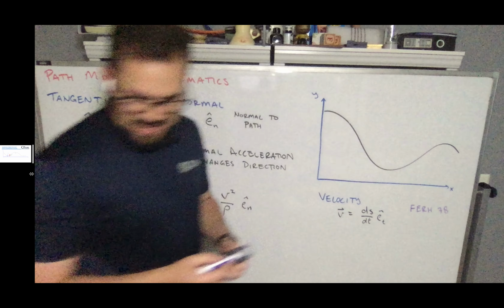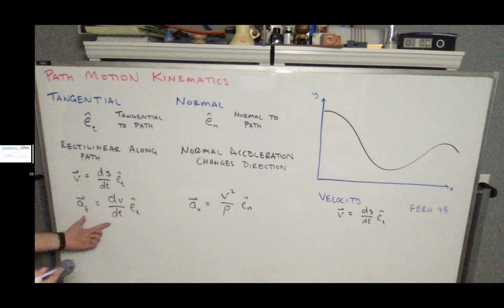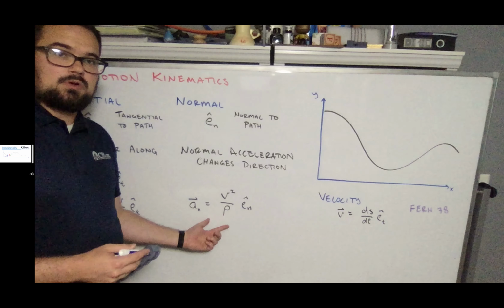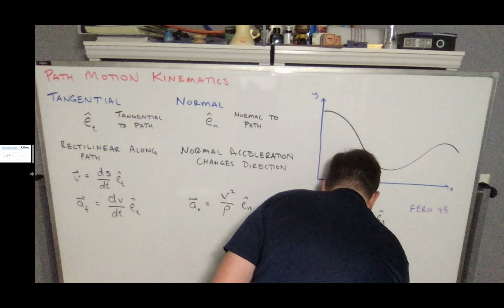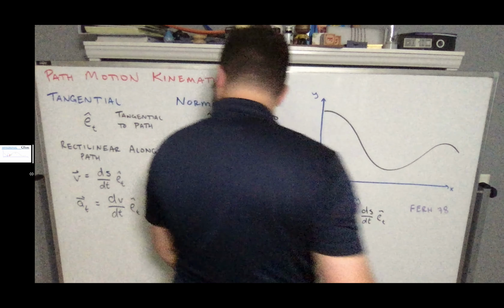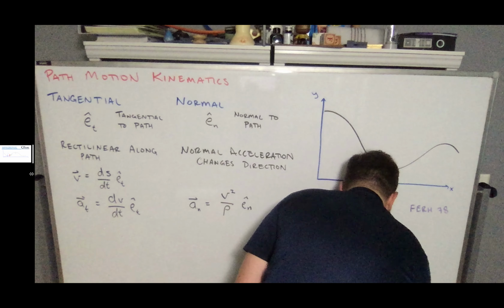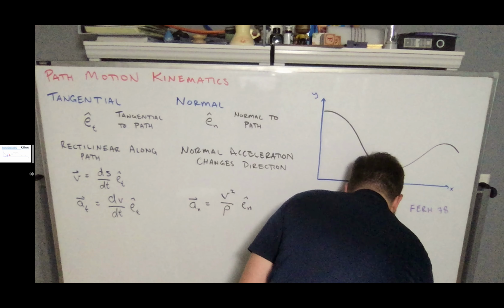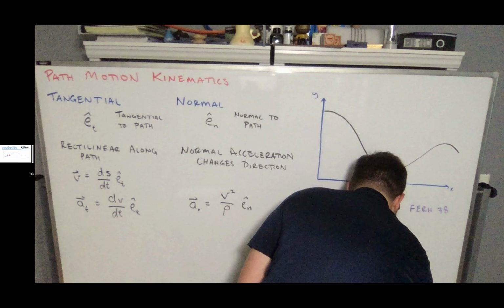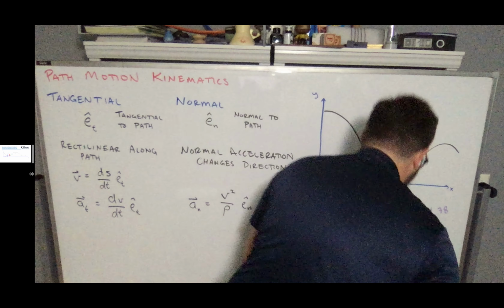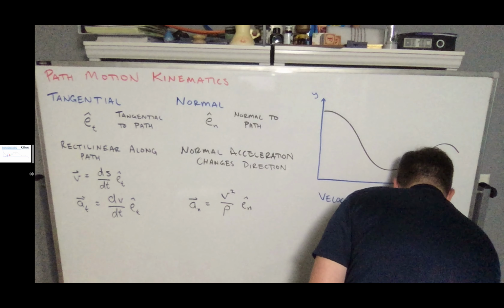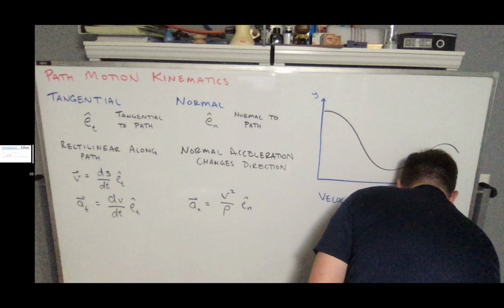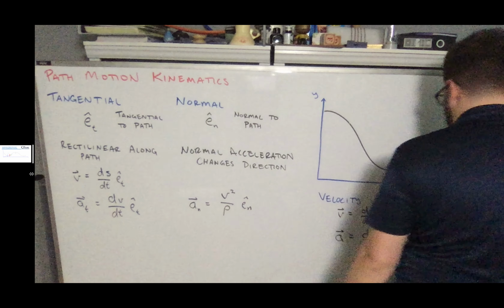The acceleration is going to consist of both the tangential and the normal components. So our acceleration will equal dv dt, that would be our tangential acceleration, the change in the speed, plus the normal acceleration, v squared over rho, in the normal direction.